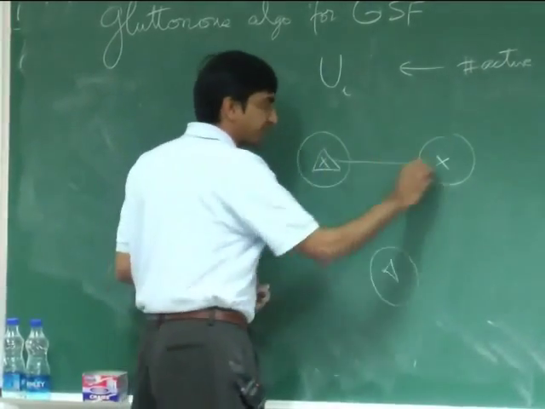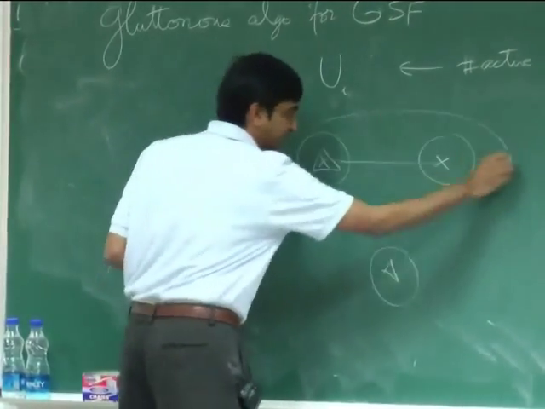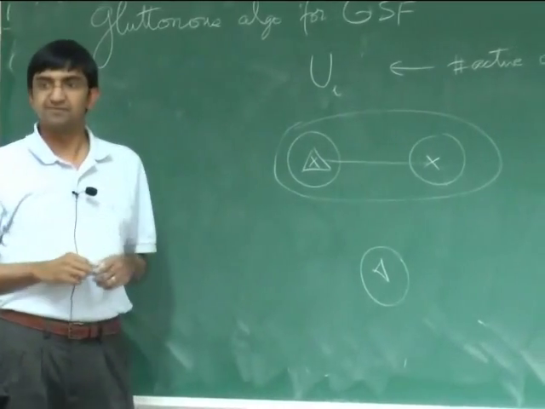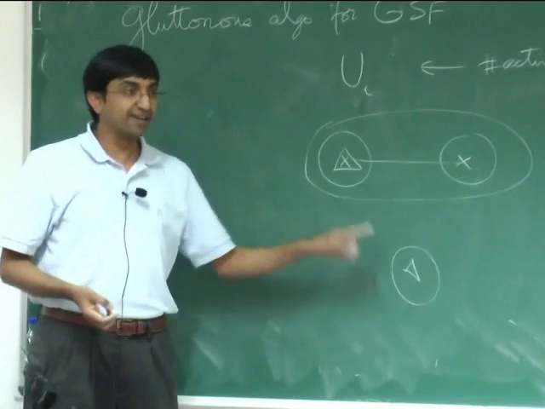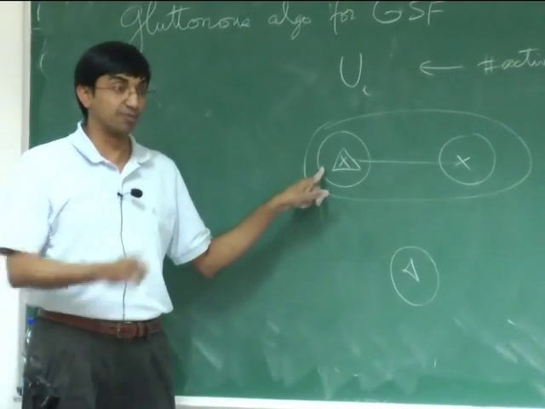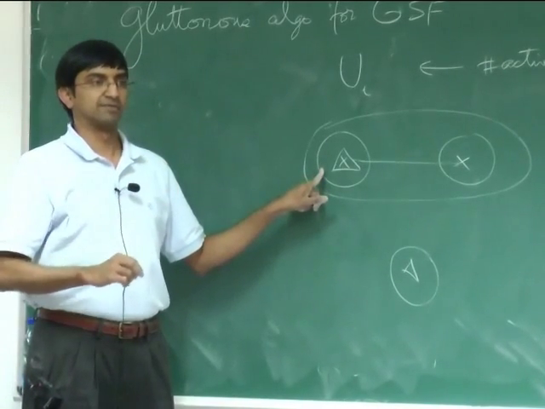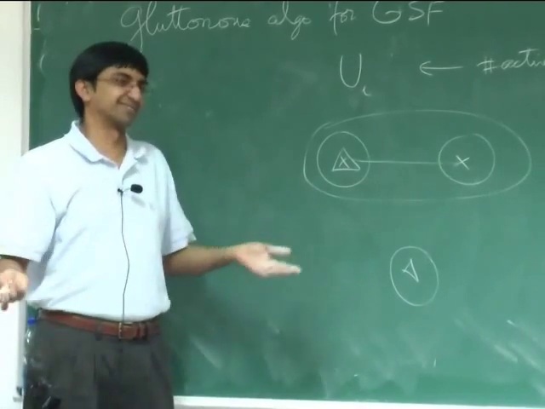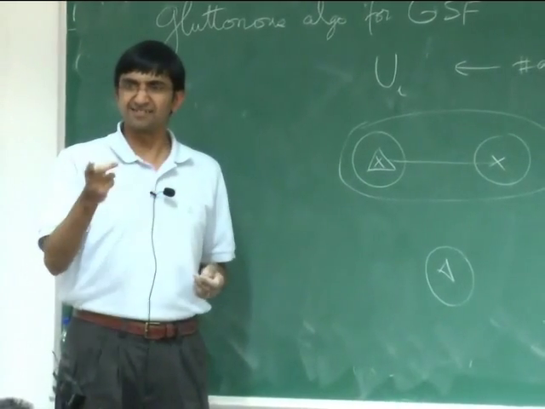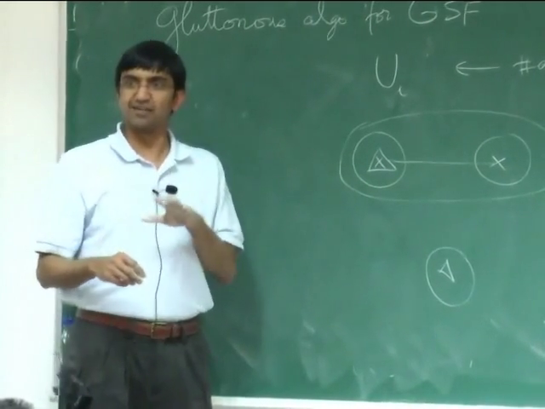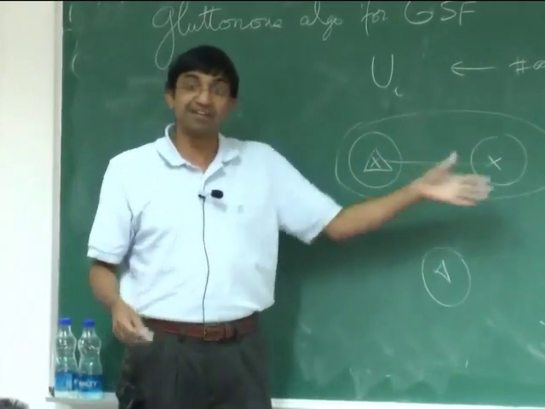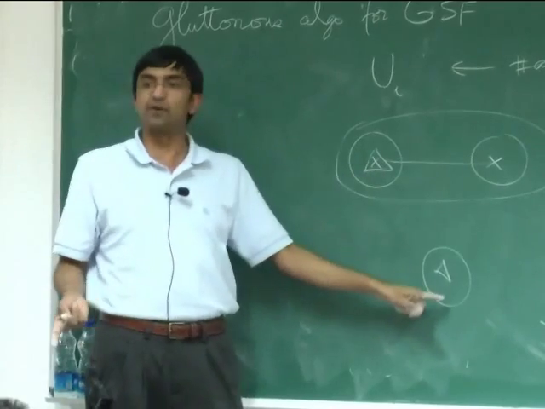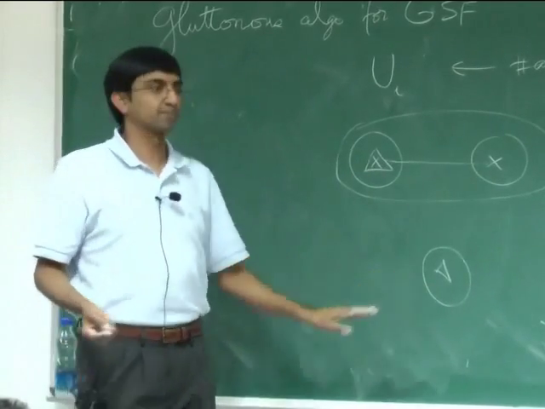If I pick this, then this thing also stays active, because I still haven't found the mate for the triangle. So here the number of active components goes down by only 1. That's why dividing by 2 is not really that important. If the algorithm finds this path, it will form a bigger component, but it will still be active because the triangle hasn't found its pair.